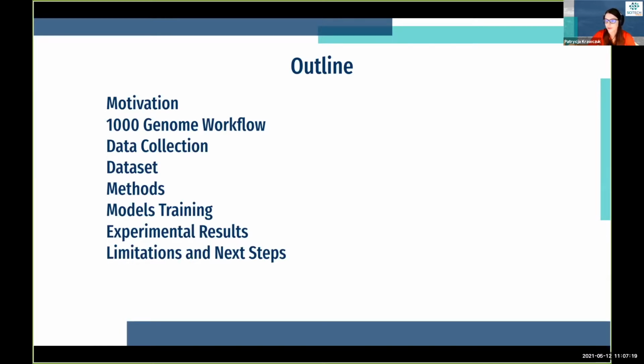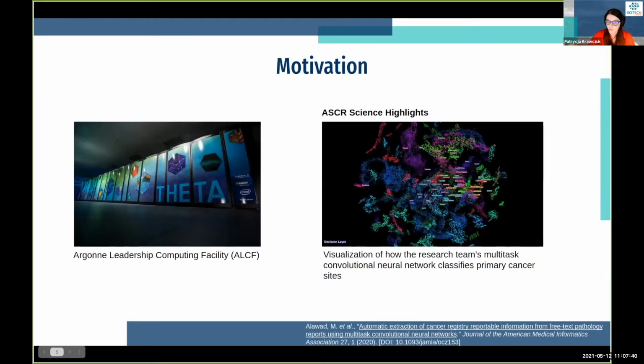Then I will speak a little bit about how we train the models and talk about our experimental results. And at the end, I will talk about the limitations of our current setup and the next steps to mitigate that. So let's start with the motivation.